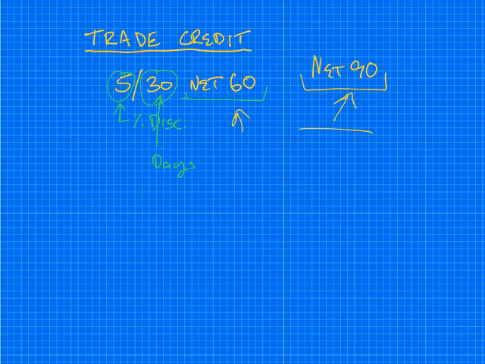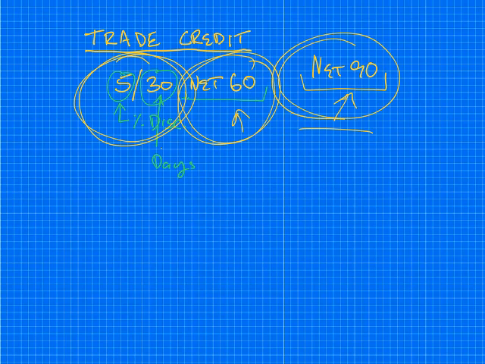Folks tend to focus on the discount because it's exciting. But the net is not as exciting, yet just as important, especially when you're managing your accounts payable: how long you can put off paying the bill.